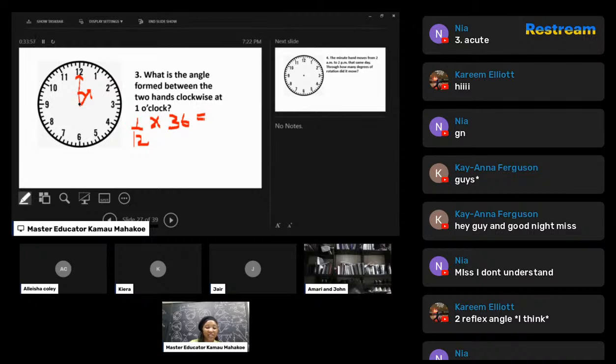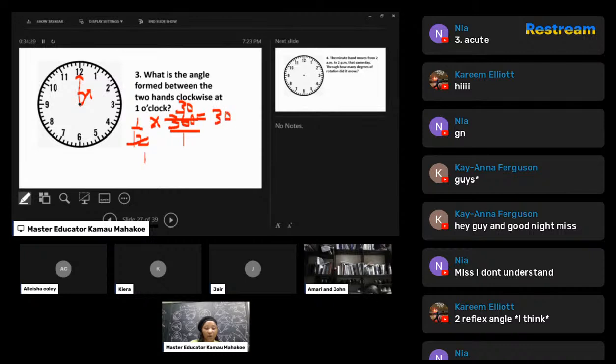So basically, it's easier to just go with the hours, would you say? Yes, miss. 12 into 360 goes 30 times. 30 degrees. So we're saying this clockwise angle here is 30 degrees.